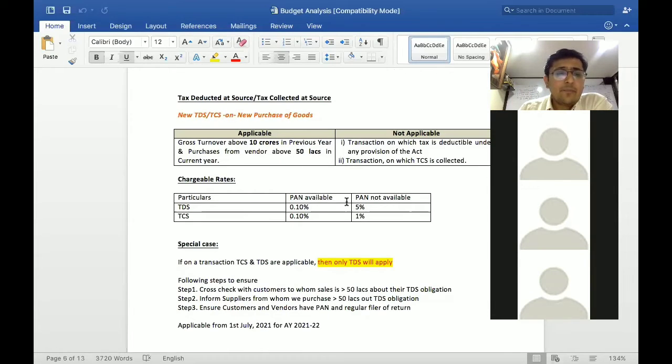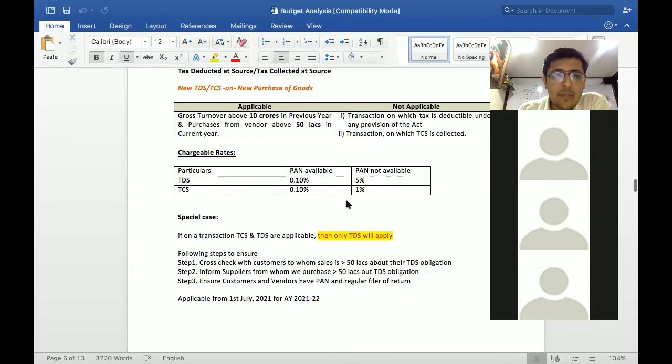Now, what will be the rate? The rate will be 0.1% in either situation. But if there is no PAN available, then TDS will be deducted at 5%. Please mind this point. TDS will be deducted at 5%, but TCS continues to be collected at 1%. That is the difference one needs to keep in mind.